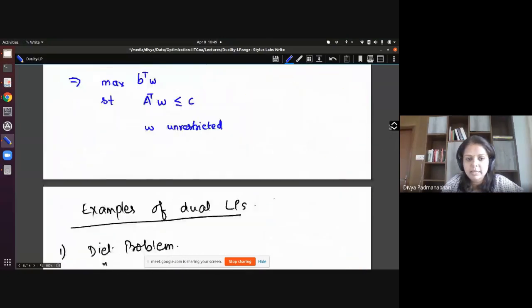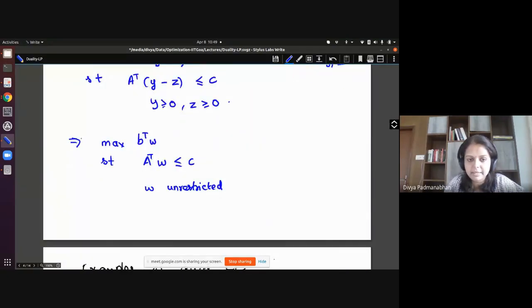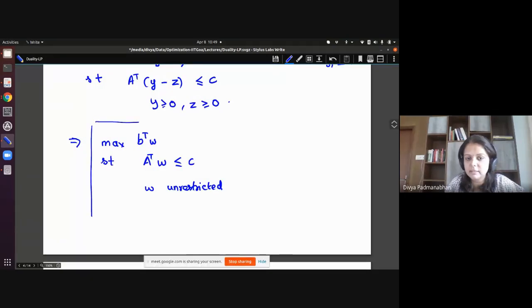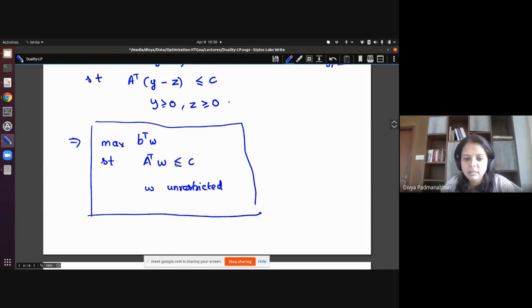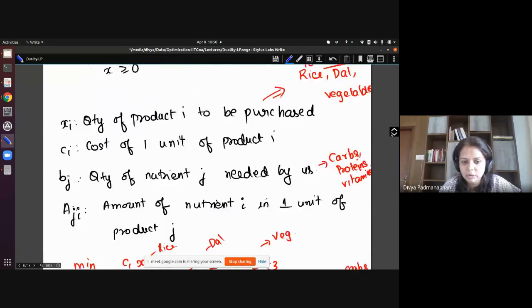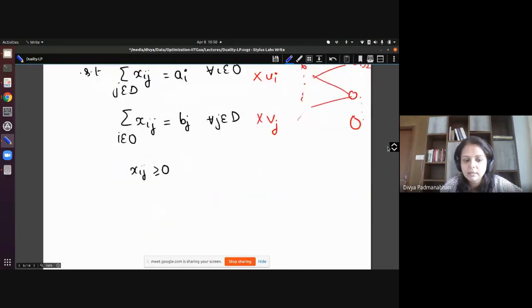So the dual is just in this manner: maximize B transpose W such that A transpose W less than or equal to C. It's as if my U's and V's are getting substituted for the W. So let's just write that.